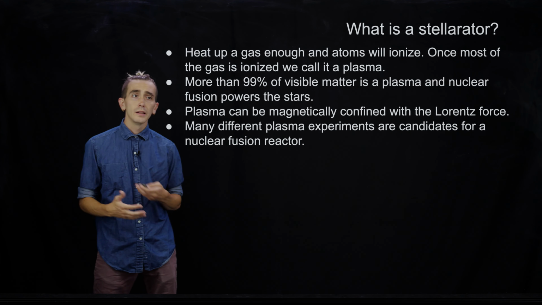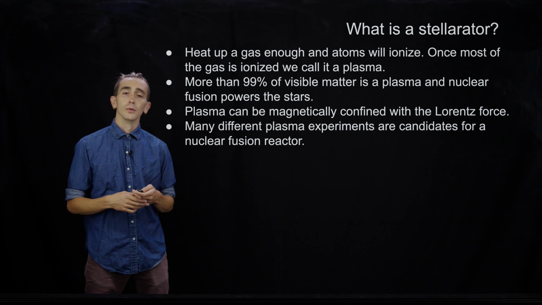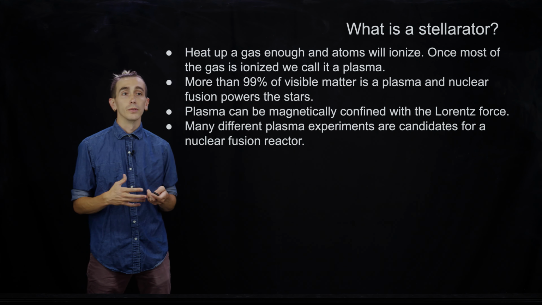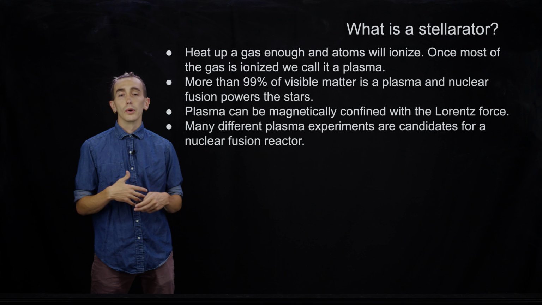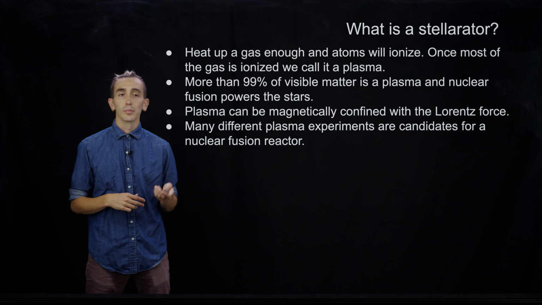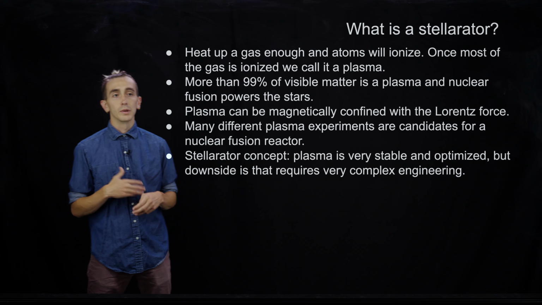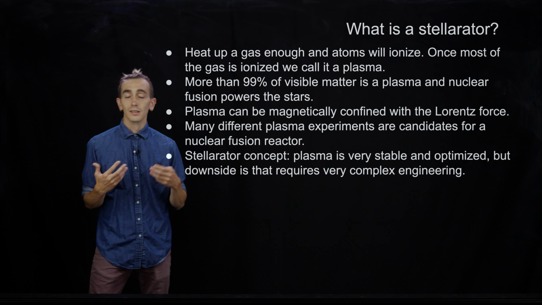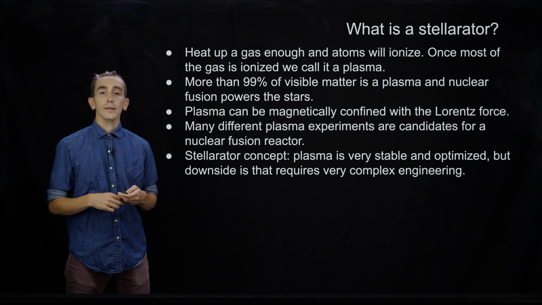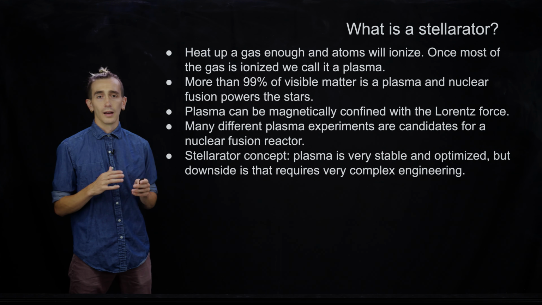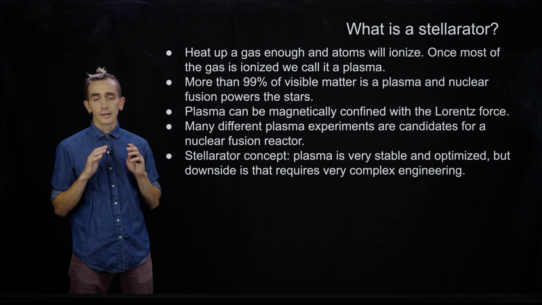It turns out there are many different concepts for a potential fusion reactor for the future. I'll point out a couple here, but this is important because one of these concepts is called the stellarator.